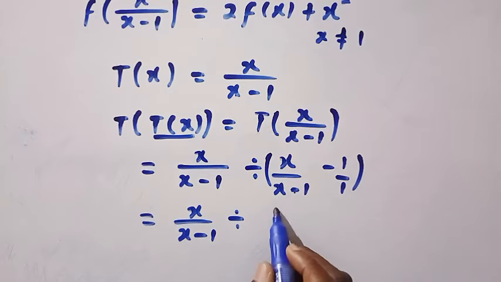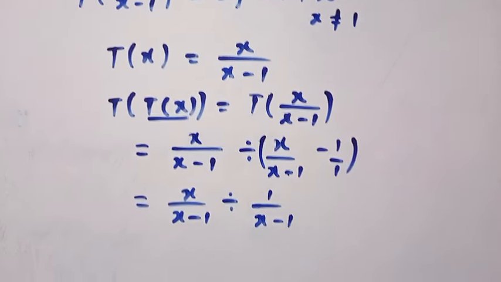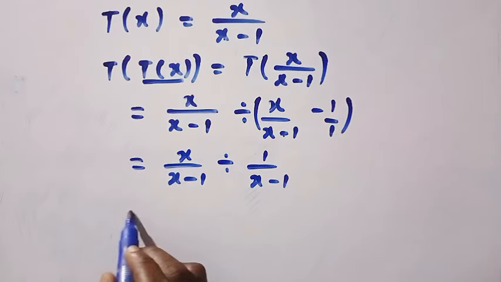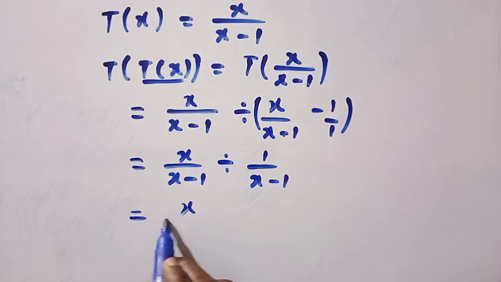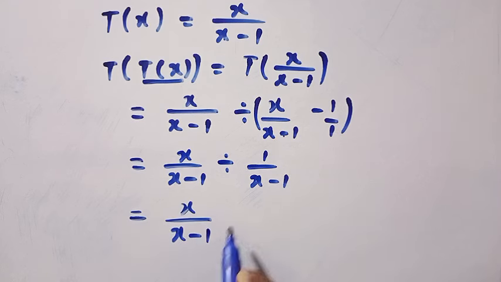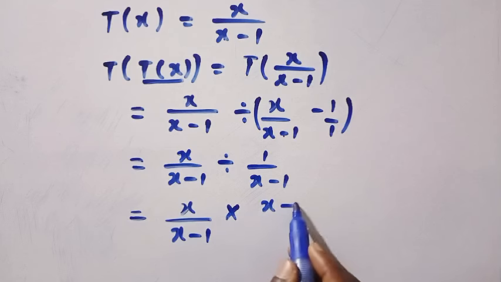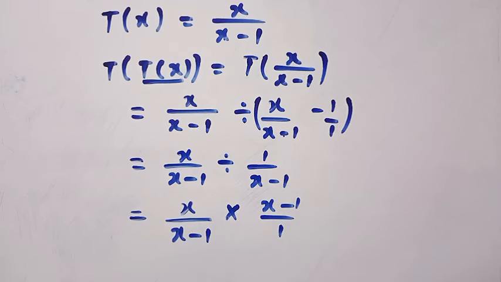When it multiplies, everything gives us 1 over x minus 1. By applying the rule of reciprocal, we flip this, and we have x over x minus 1 multiplied by x minus 1 over 1, and everything gives us x.